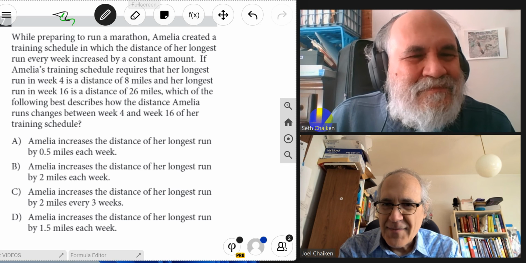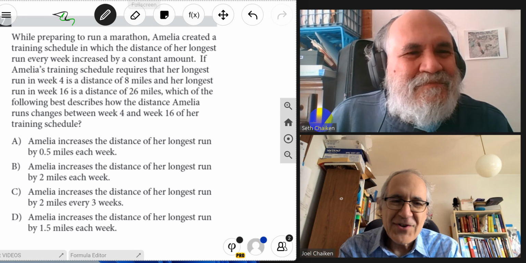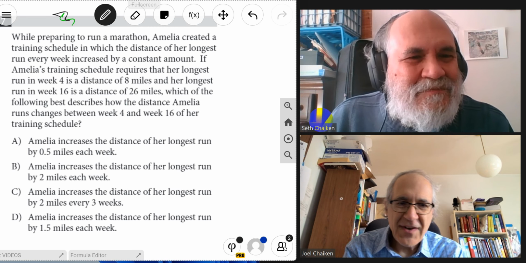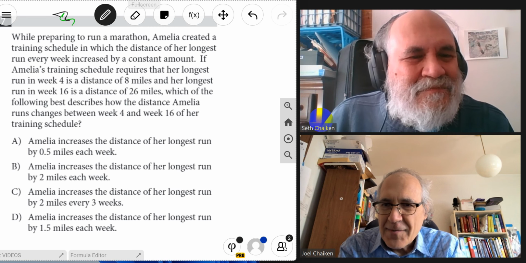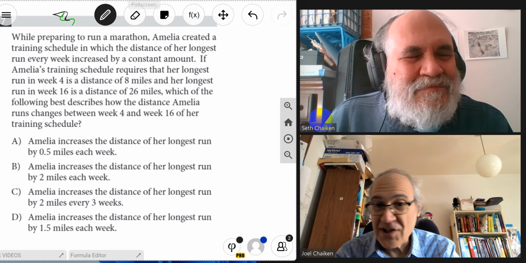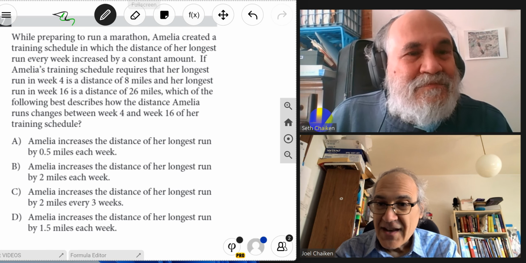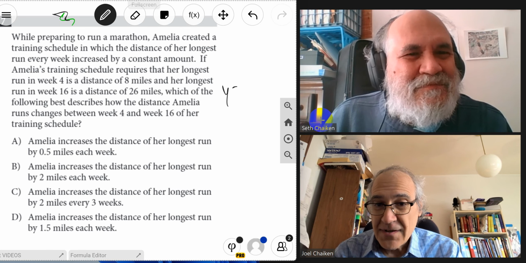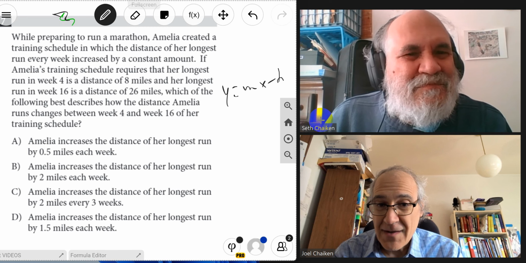You should do it yourself and, of course, pause the video and then come back after you've done it. When preparing to run a marathon, Amelia created a training schedule in which the distance of her longest run every week is increased by a constant amount. If y equals mx plus b, I see it already. Maybe.